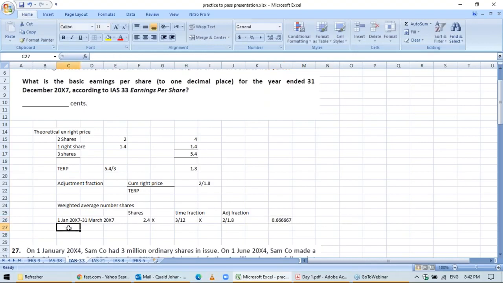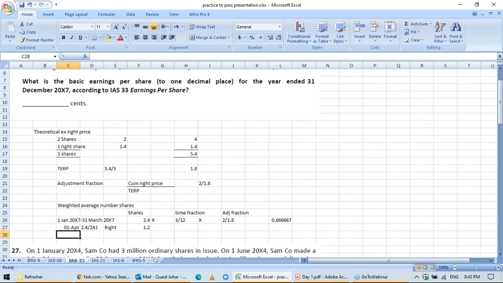Now what happens? 1st April comes around. On 1st April, the company which was having 2.4 million shares issued 1 share for every 2 existing shares. So there occurred a right issue. The right issue shares were 2.4 divided by 2, 1.2 million shares.